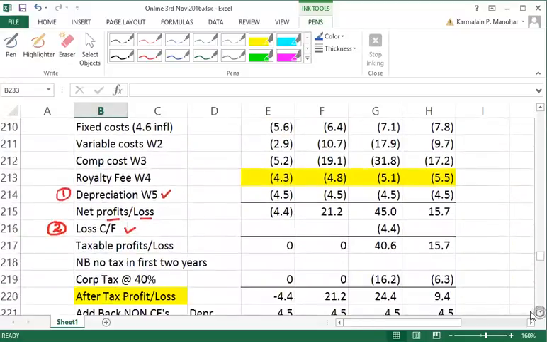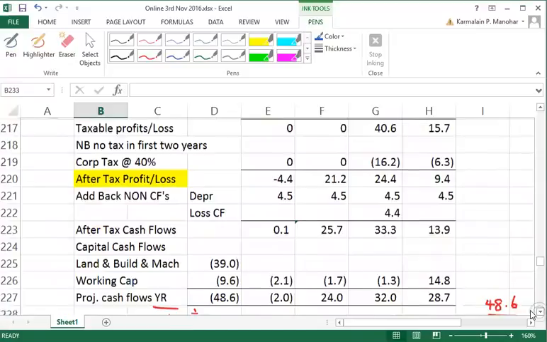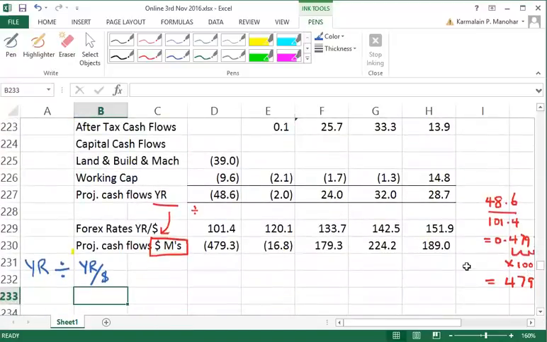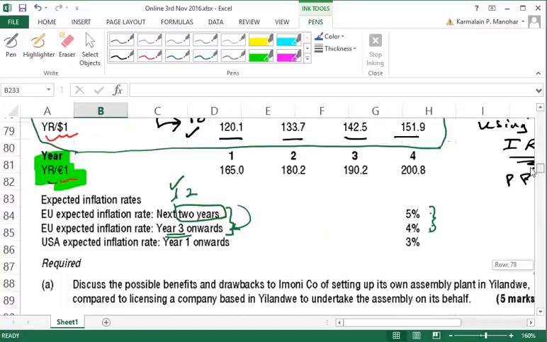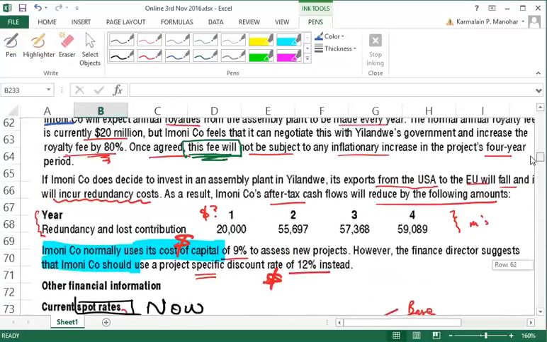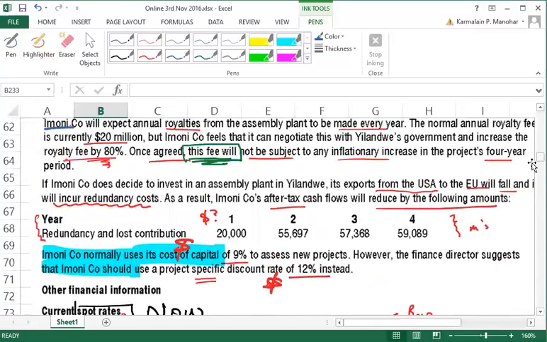Redundancy, yeah, that could come in, but as we were just saying, our values here are in millions of dollars. Let's consider that redundancy again. What were we told about this redundancy? M&E's after-tax cash flows.